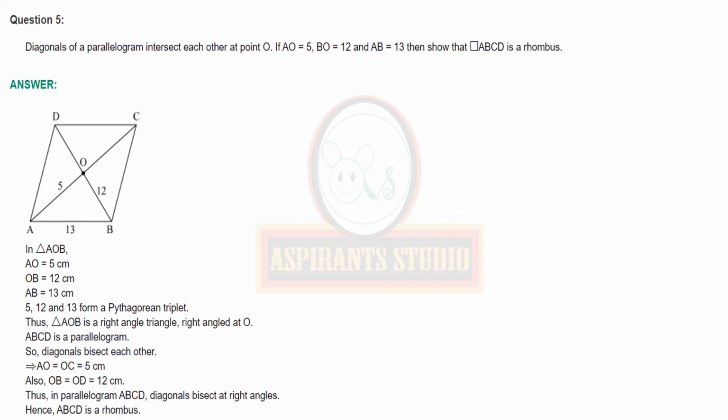Now 5 square plus 12 square will be 25 plus 144, that is also equal to 169. So we are getting 13 square is equal to 5 square plus 12 square. Therefore these numbers 5, 12 and 13 form a Pythagorean triplet. Thus triangle AOB is a right angled triangle, right angled at O.